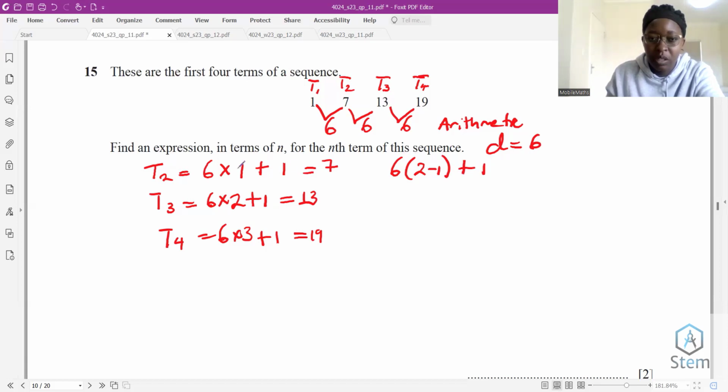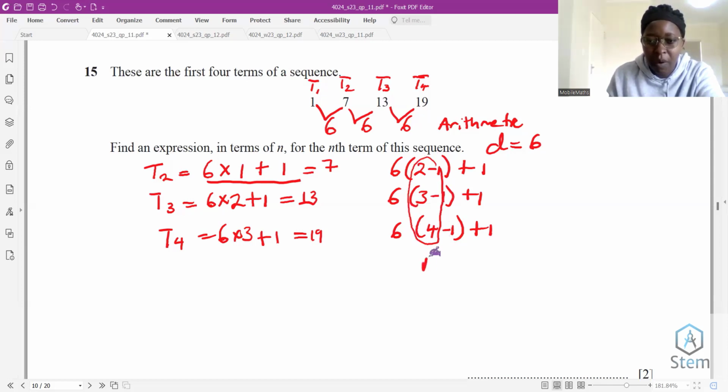So this is going to give me the same scenario where I will have 6 times 1 plus 1. For term number 3 it is the same. I can say 6 by position number 3 minus 1, plus a 1. Then the last one, 6 by 4 minus 1 plus a 1. So you can find out these are positions or terms. So these are our nth positions or terms.